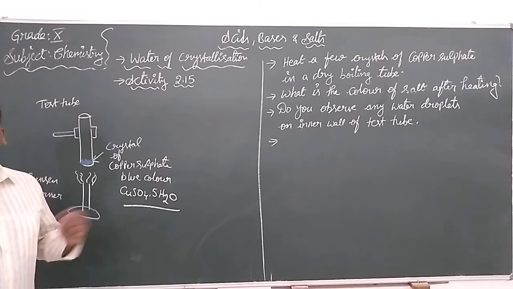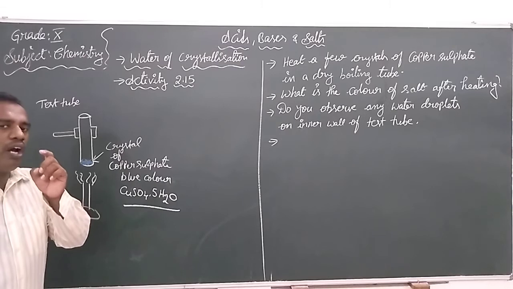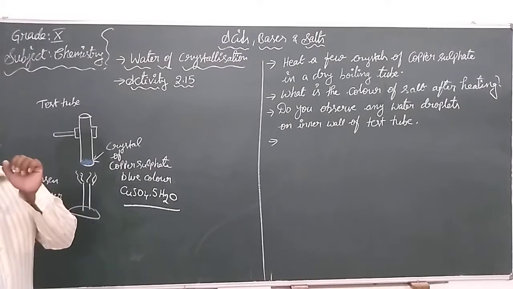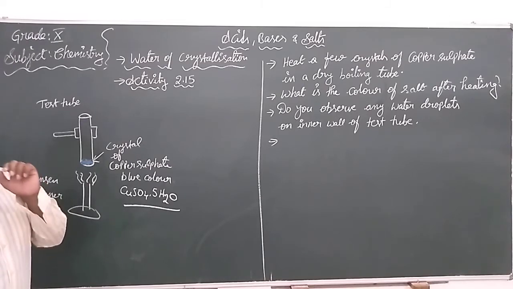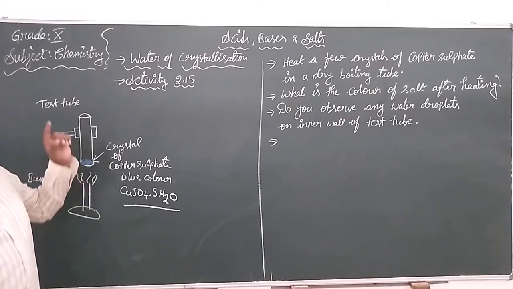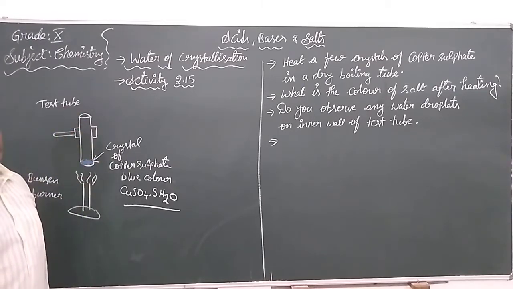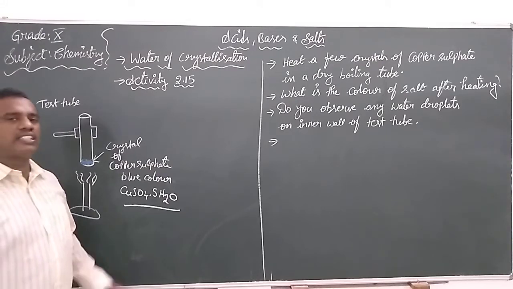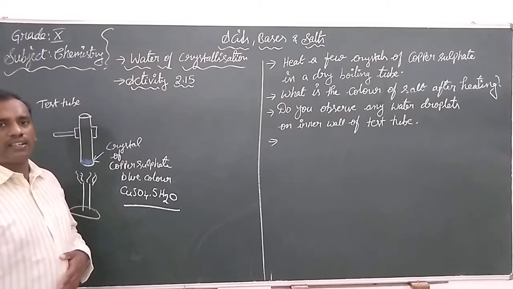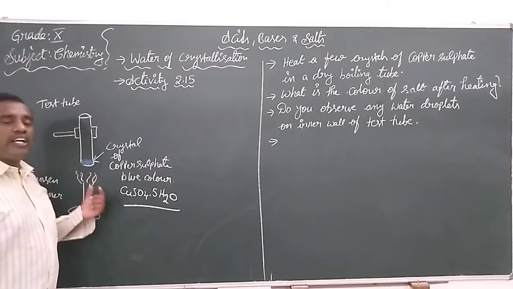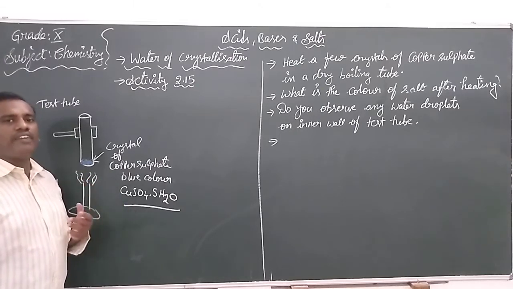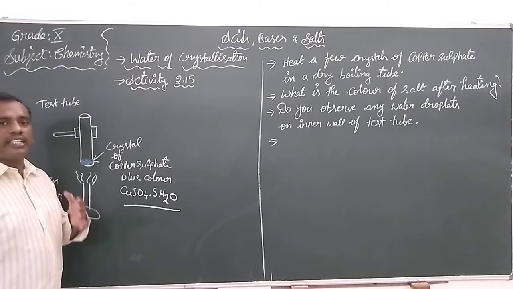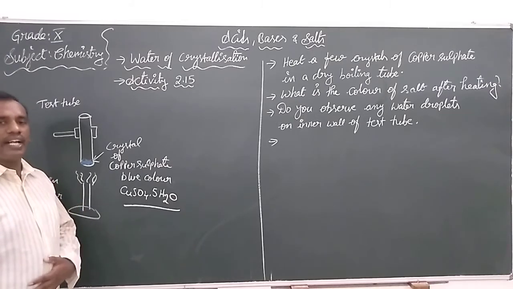And this is what we call, for one molecule of any compound, when a fixed number of water molecules are attached to it, it is called water of crystallization, or even we call it the hydrated salt. If the water molecules are present, then only we can see the salt is blue in color.